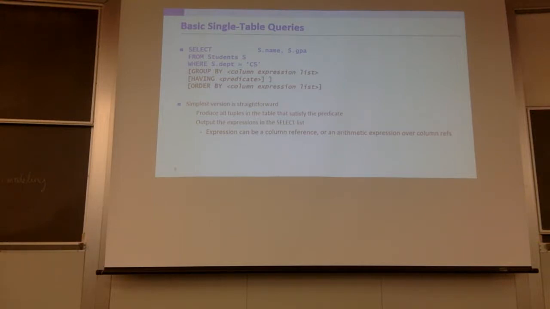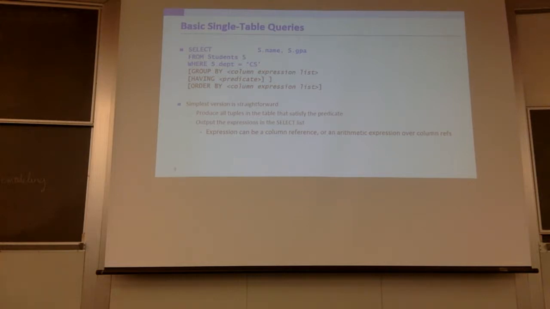The processing of this is actually straightforward, even if you do not understand how a database executes or optimizes queries. The way you do that is you scan. The students table is in a heap file, which consists of a bunch of tuples. You scan all the tuples in that heap file and apply the filter to each tuple on the fly.